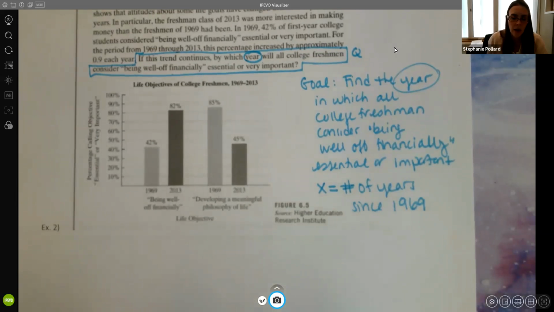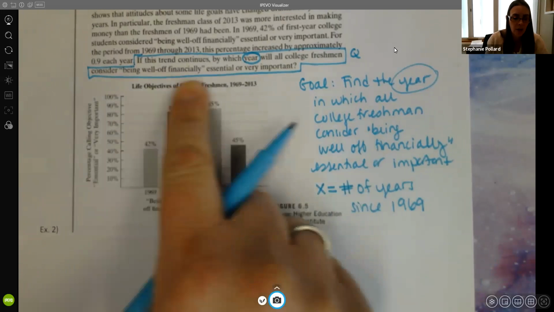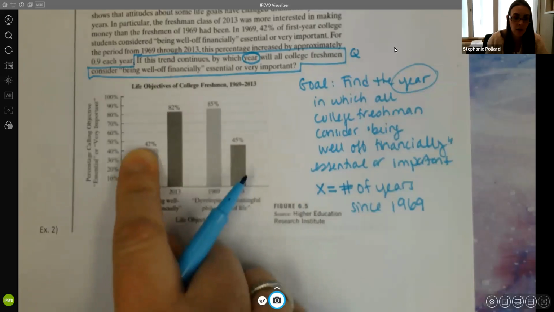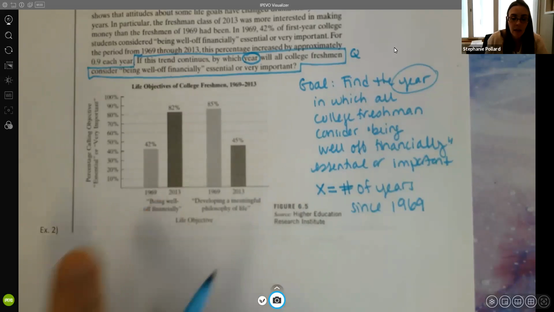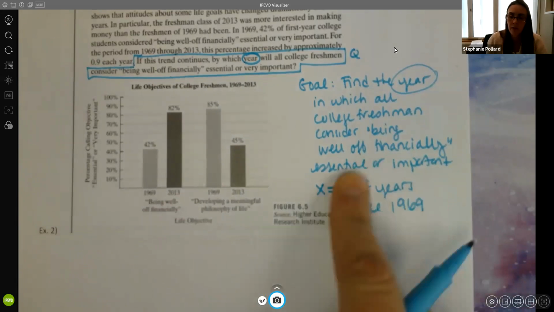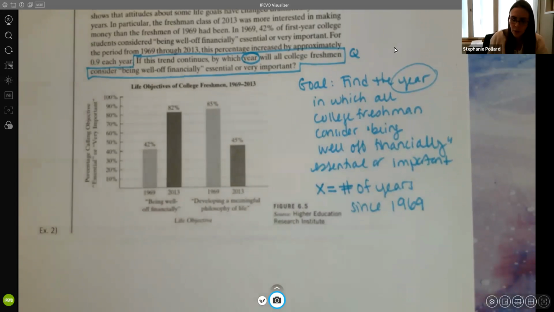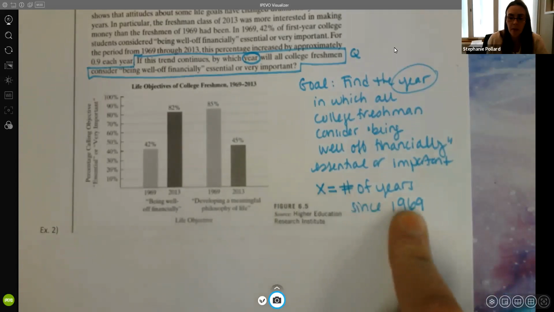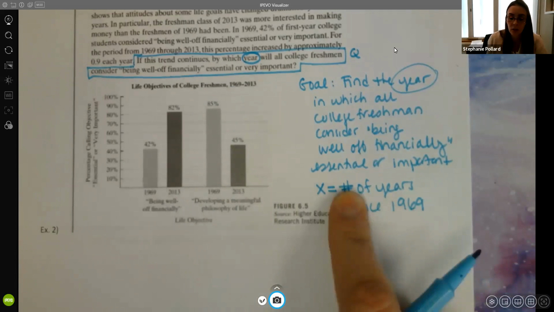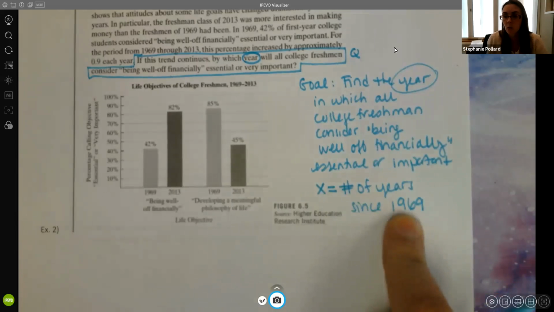It's not always done 100% of the time, but it is most of the time. So usually if we're basing data off a certain starting point, like in this case, the 42% data in 1969, then that's going to be our starting point for our X value as well. So for instance, if X is 1, that would be the year 1970. If X is 2, that would be the year 1971, and so on.